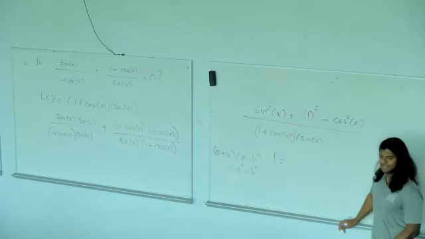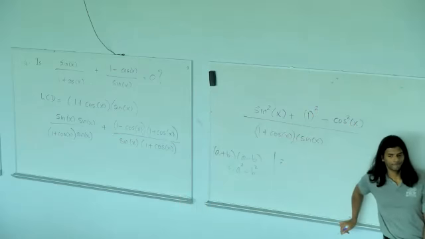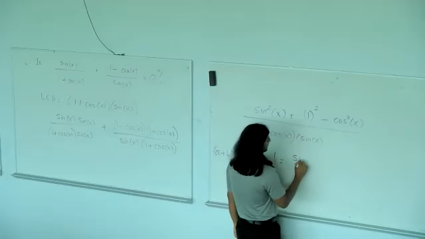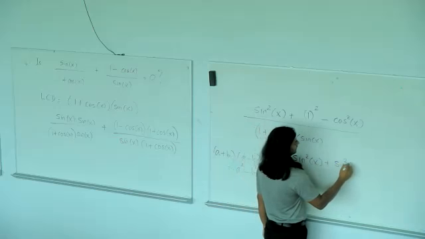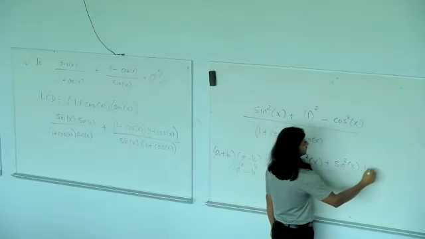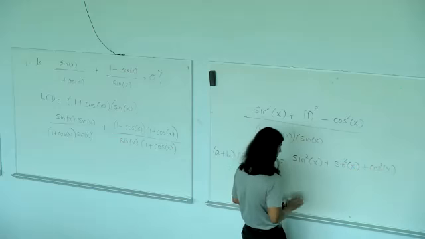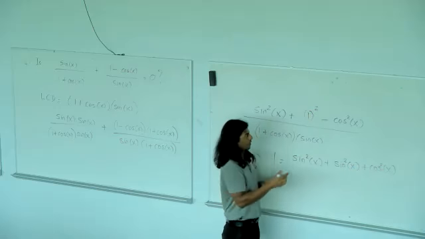I can rewrite 1. Do you agree? I can rewrite 1 as sine squared x plus cosine squared x. That is the very first identity I wrote. 1 squared is just 1.